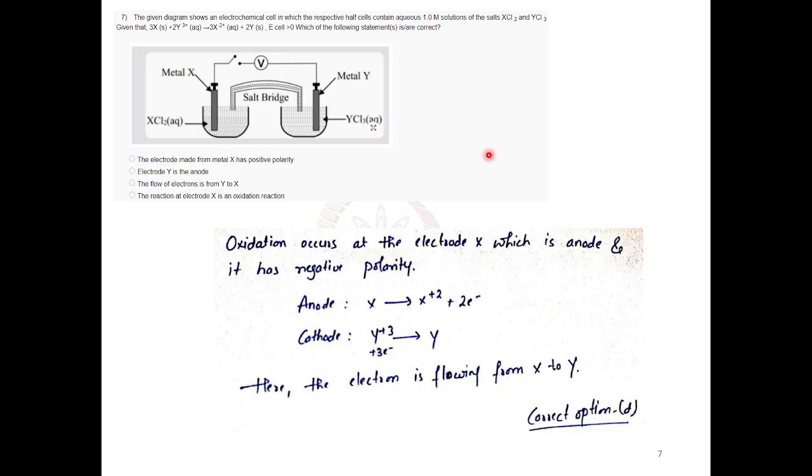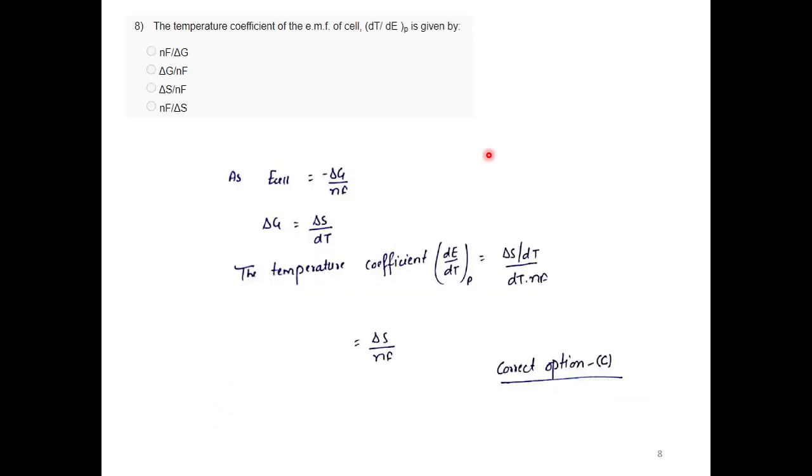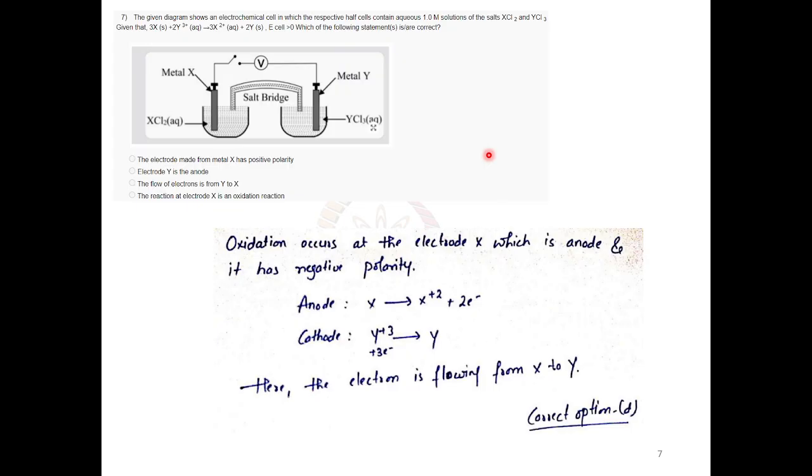So here both cathode and anode reactions are going on. At the cathode reduction will happen and at the anode oxidation will happen. And here X is going to be X2. So this is the oxidation reaction, where IO3 is going to be the reduction reaction. So it will occur at the anode, right?